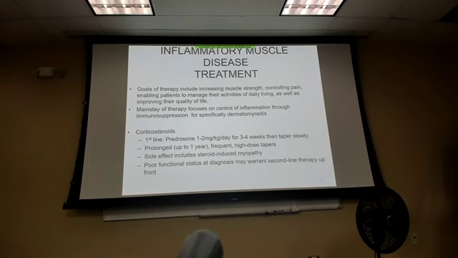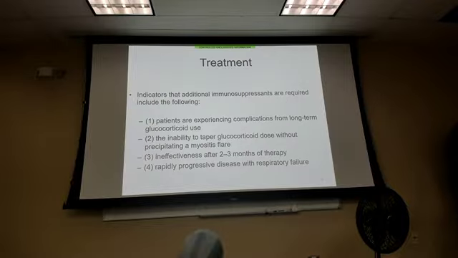therapy. And what are those things that we're going to have to get into some of that immunosuppressants? Well, if the patients are experiencing complications from long-term prednisone, the glucocorticoid use, we have the inability to taper that steroid dose without precipitating a myositis flare.